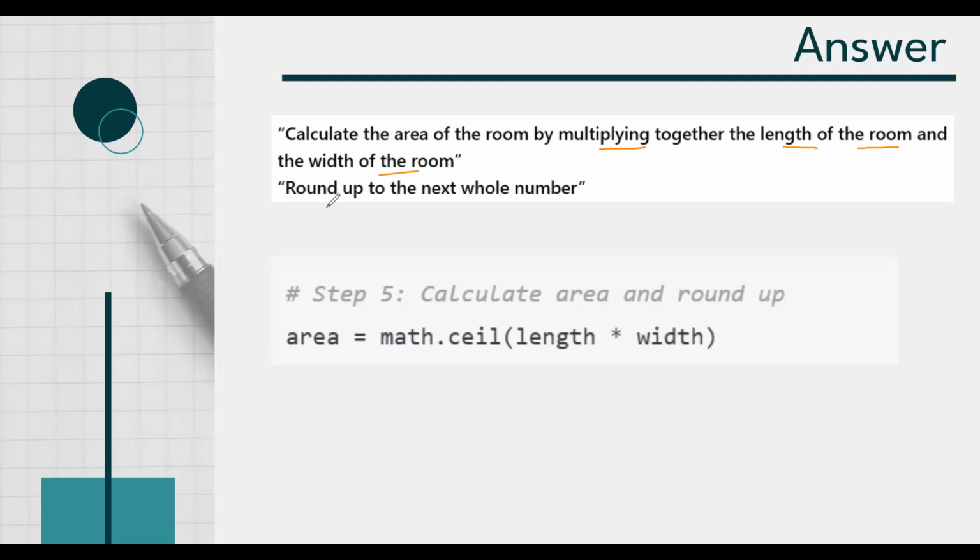So I would say for people who don't really understand too much about programming, ignore this portion, which is rounding up the whole number. Just here is quite simple. The area is just multiplying the length by the width.